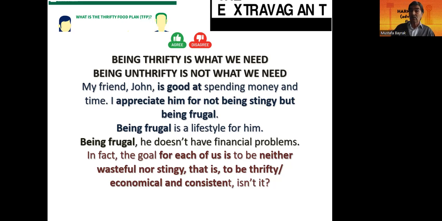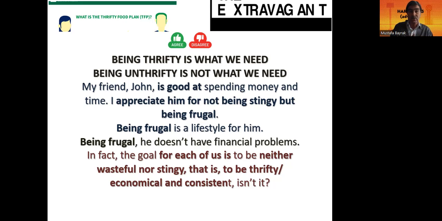Being frugal, again, attention please. Being frugal is a lifestyle for him. Being frugal is subject here, and it is gerund. But here, being frugal, he doesn't have financial problems. Here, it is obtained from a complex sentence.